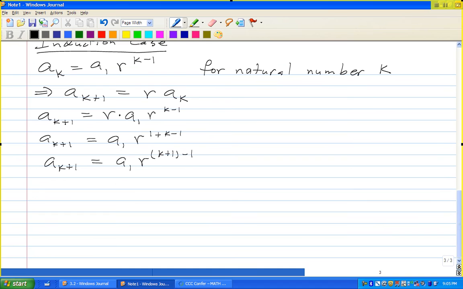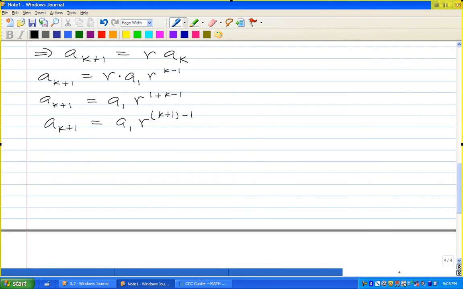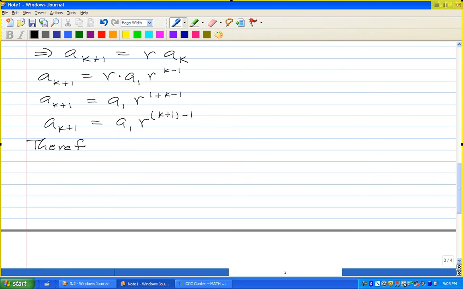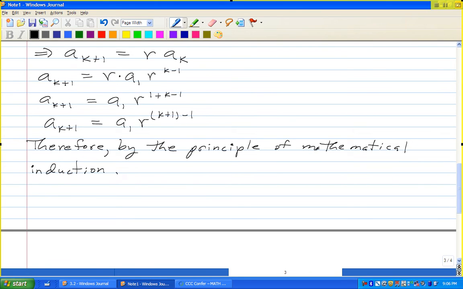Therefore, by the principle of mathematical induction, a sub n equals a1 r to the n minus 1 for any natural number n. And so that's what I wanted to show.